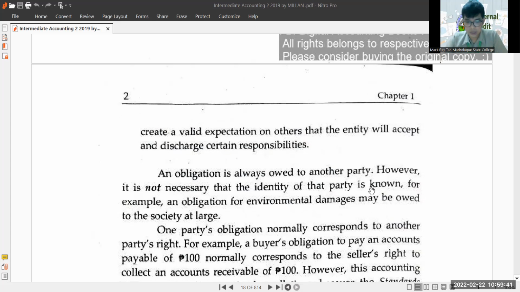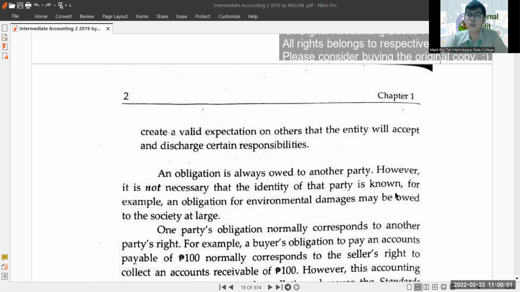Okay. Ito, i-note natin dito, class. It is not necessary that the identity of that party is known. So, ibig sabihin daw dito, dun sa example natin na debtor and creditor, it is not necessary that the creditor is known.